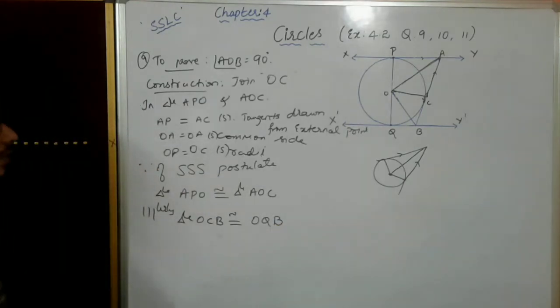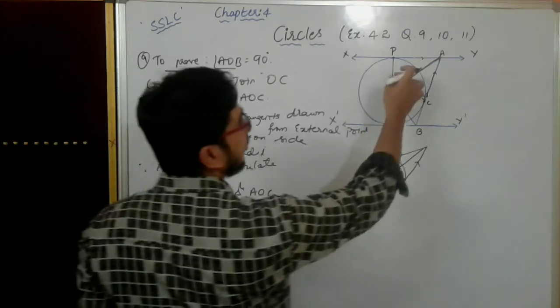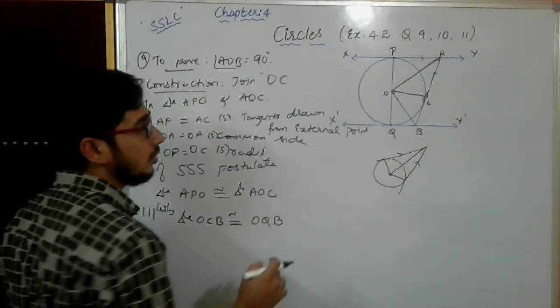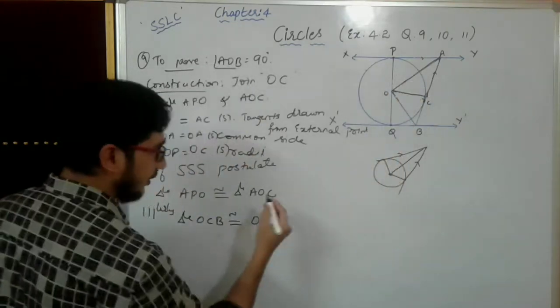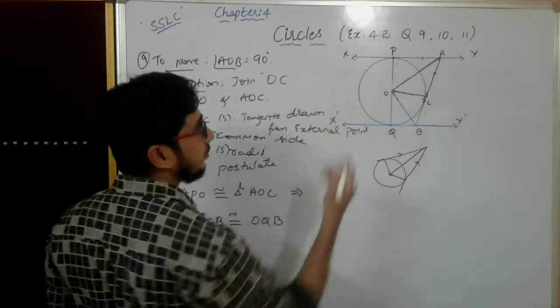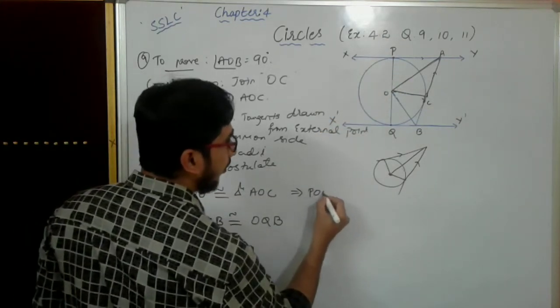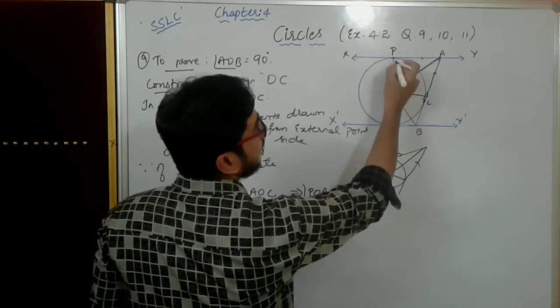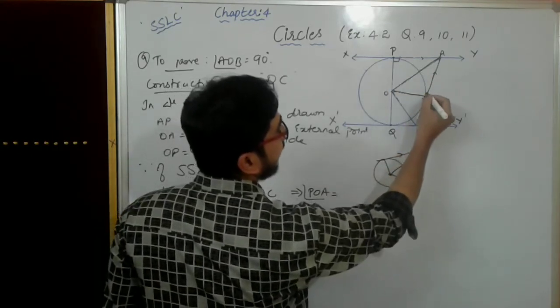Okay, so what will happen when two triangles are congruent? Their angles are also equal. So what I will write here, which implies, for this upper triangle, angle POA will be equal. This is 90 degree, this is 90 degree, definitely.